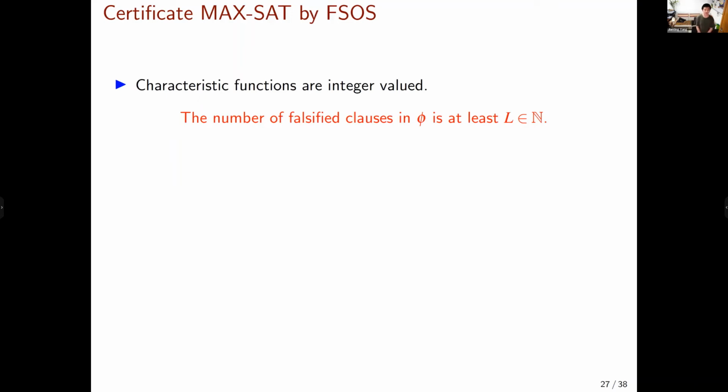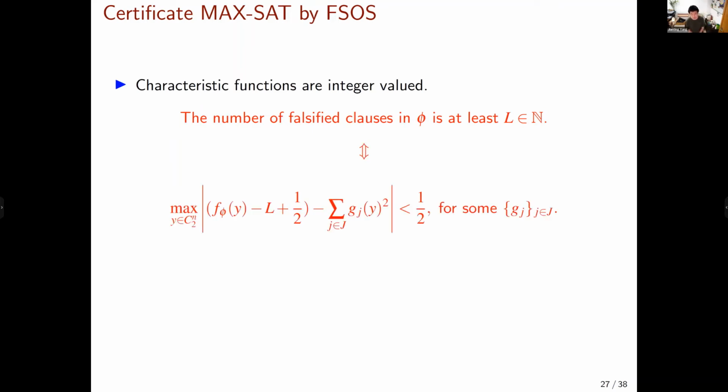So the number of falsified clauses in the CNF formula phi being at least integer L is equivalent to there existing a finite family of functions G such that the error of f_phi minus L plus 1/2 and the sum of the squares of G is less than 1/2.